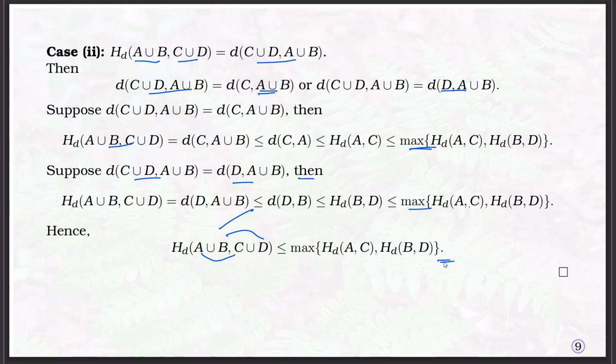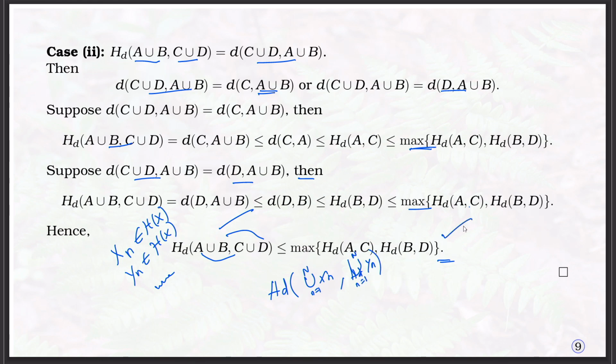Then, after finding the Hausdorff distance between A union B and C union D, here we are taking only two-element unions, that means A union B and C union D. Whereas suppose you have n sets x1, x2, x3, up to xn, members of H of X, and y1, y2, up to yn, members of H of X. Then for the Hausdorff distance between the union of xn, where n runs over 1 to some finite number, and the union of yn, one can arrive at a similar result to this one by using the induction method.